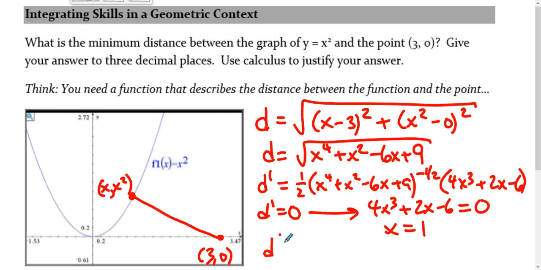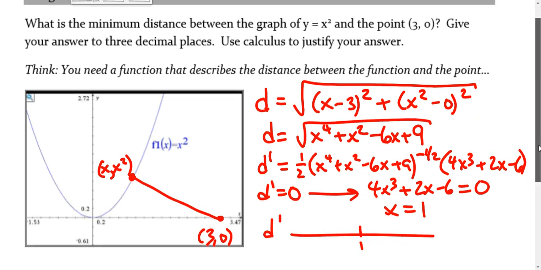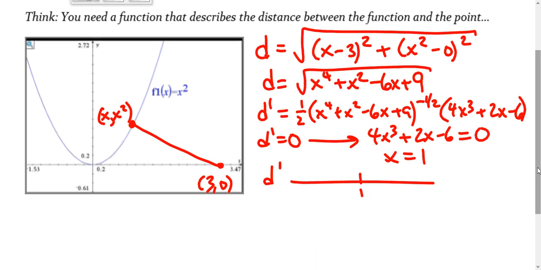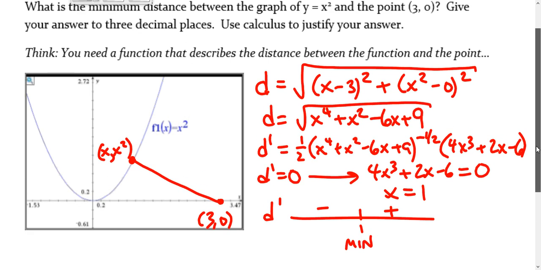We confirm, here's a d prime chart. We can confirm that d prime is negative on the left side of 1 and positive on the right side of 1, which does guarantee that x equals 1 is the minimum. And so then we answer the question, what is the minimum distance between the graph and the point?